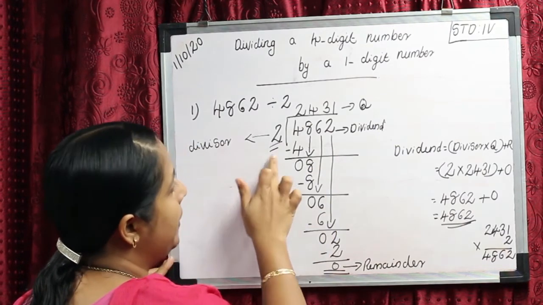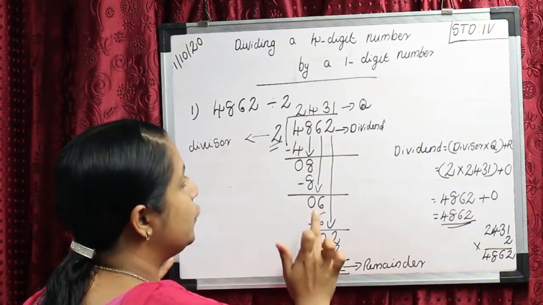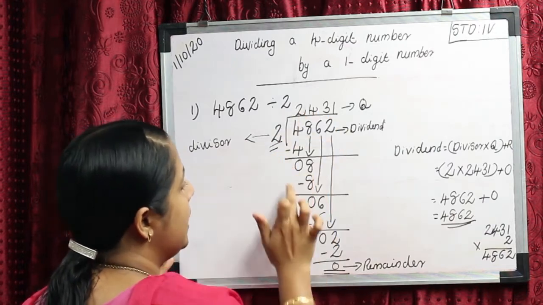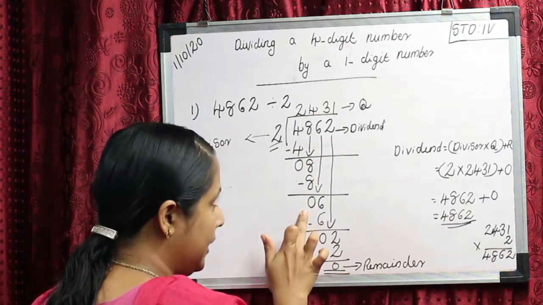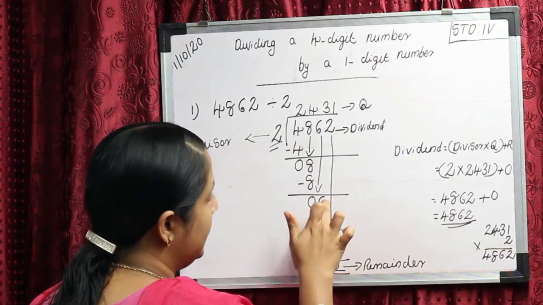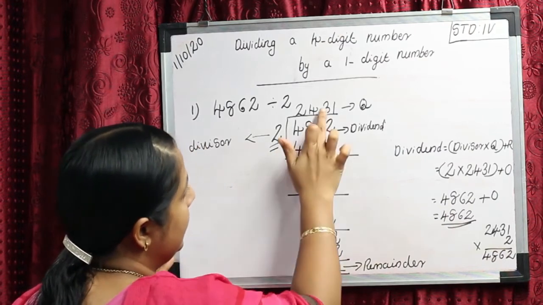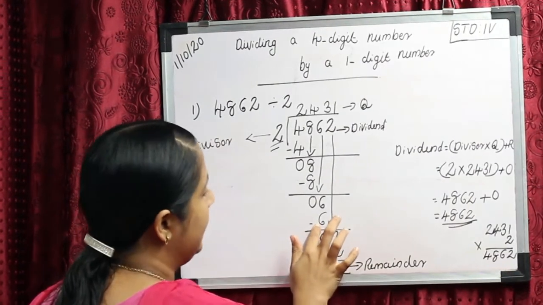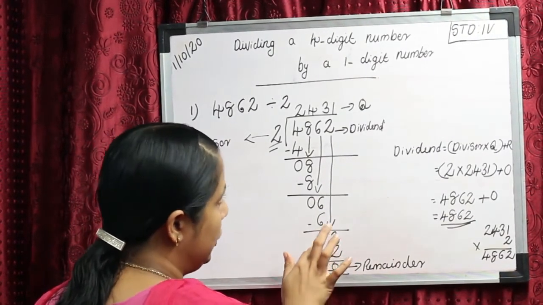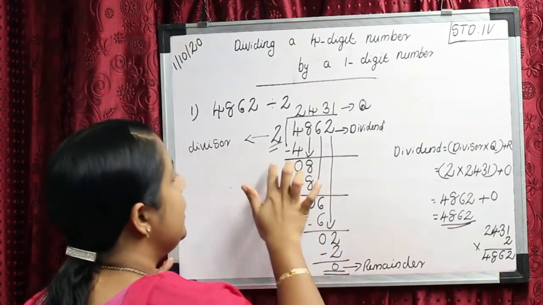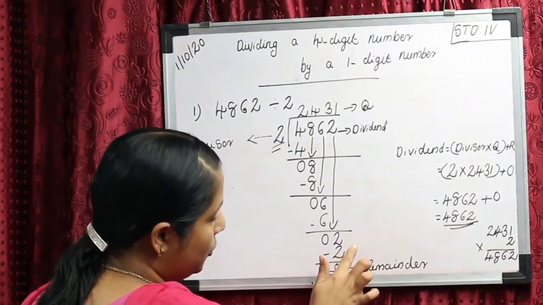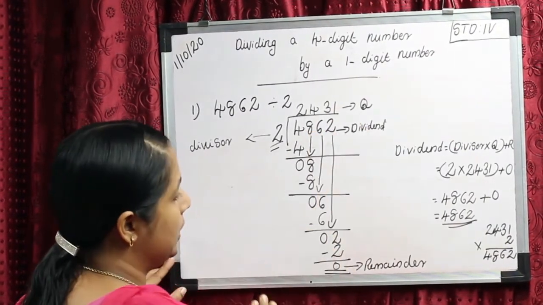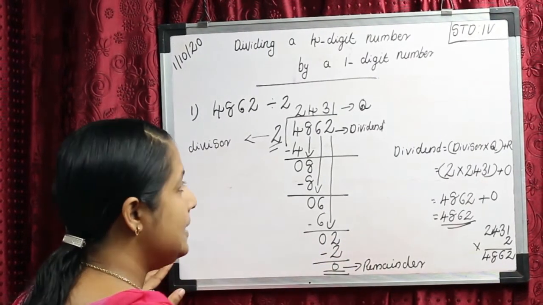In 2's table 8 is 4 4's, no, 4 2's are 8. 8 minus 8 equals 0. Take the third number 6. In 2's table 2 3's are 6. So we write 3 here. 6 minus 6 equals 0. Then the last number is 2. In 2's table, how can we get the number 2? Yes, 1. 1 2's are 2. So 2 minus 2 equals 0.